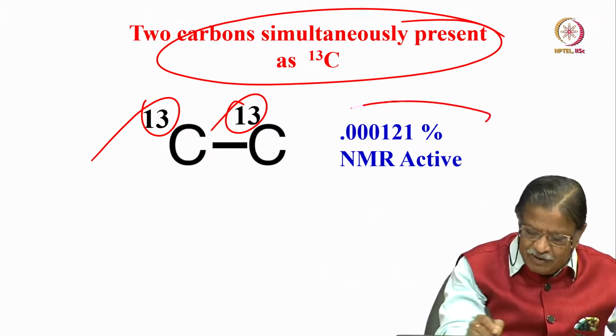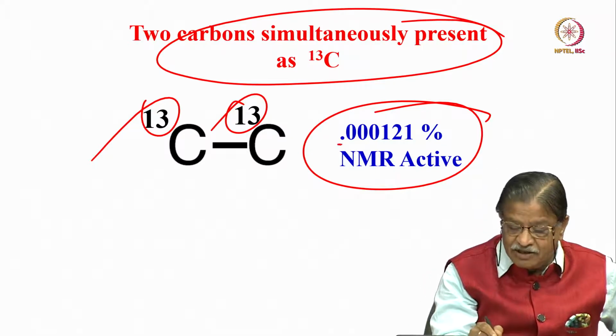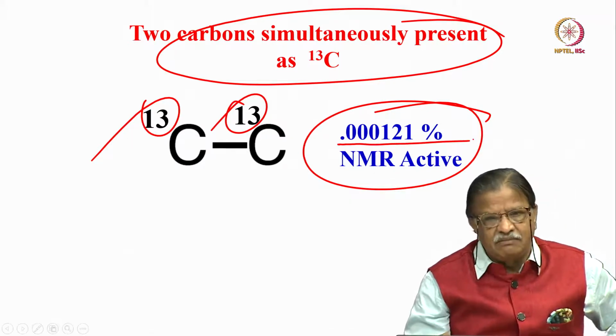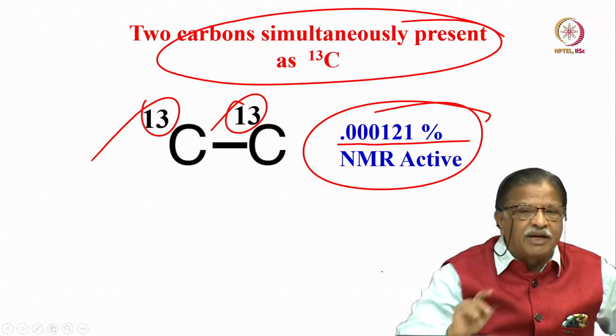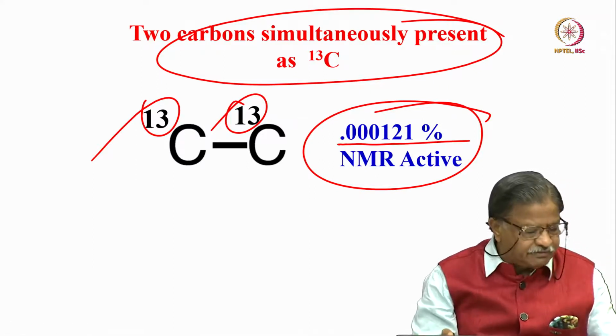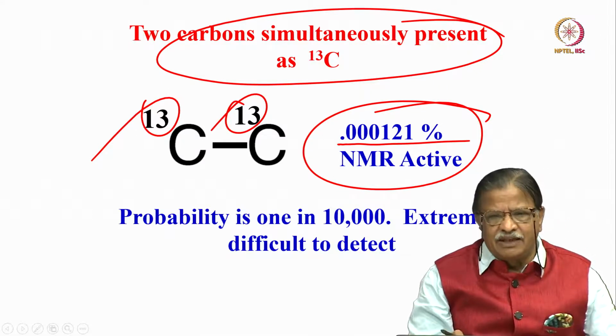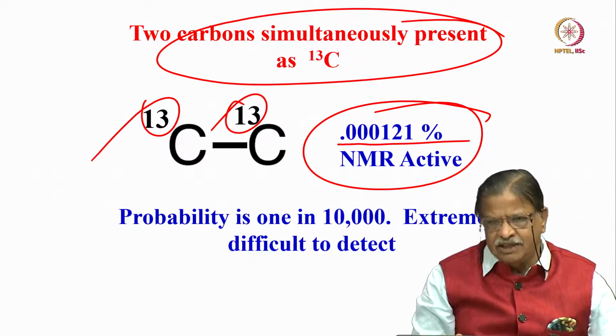So if you take 1.1% as the abundance factor, it turns out to be 0.000121%. That means in 10,000 molecules, you will see one molecule which is NMR active, where both carbons are in carbon 13 state. So a probability of 1 in 10,000 is extremely difficult to detect at all, such a molecule.